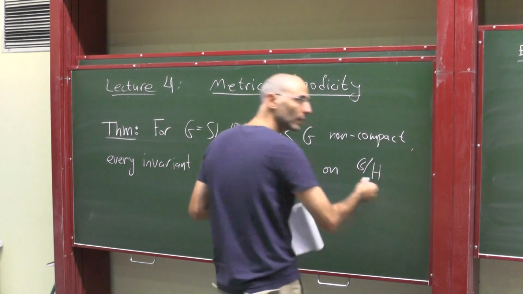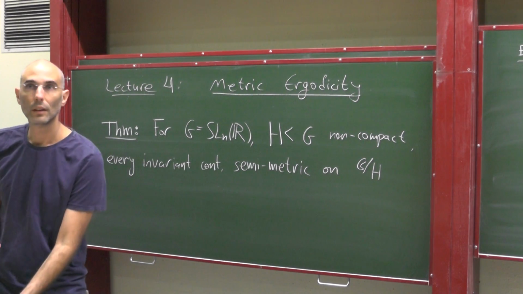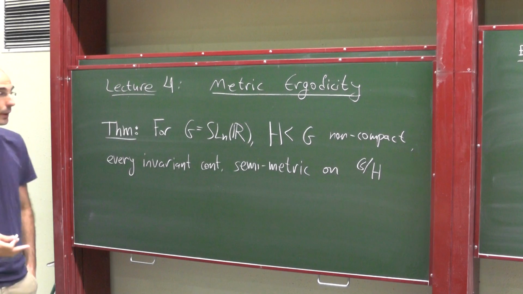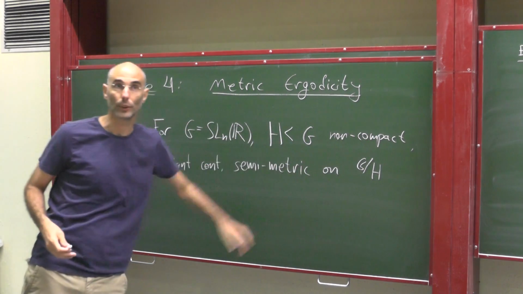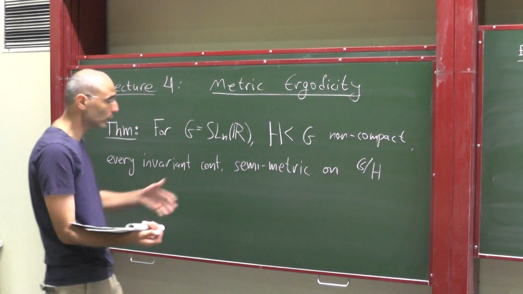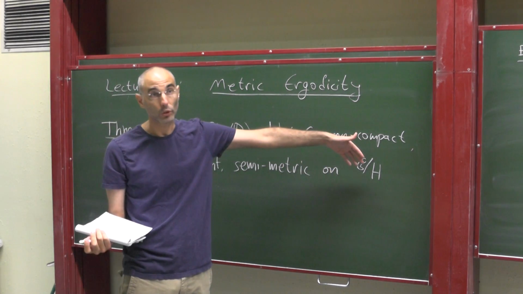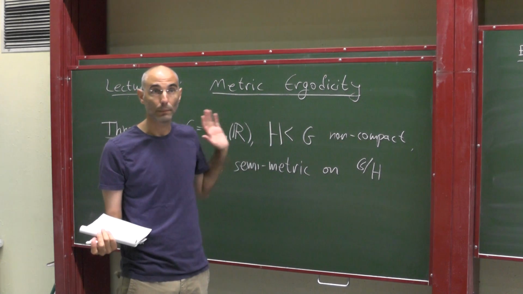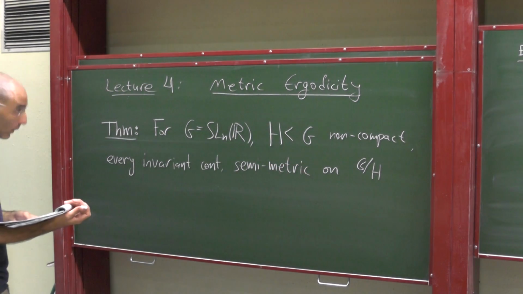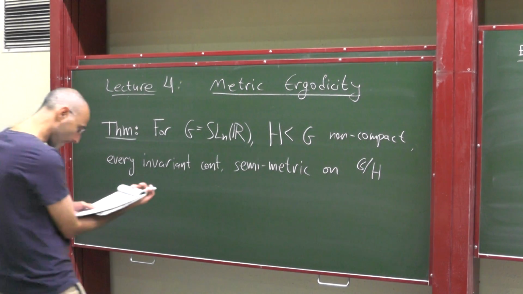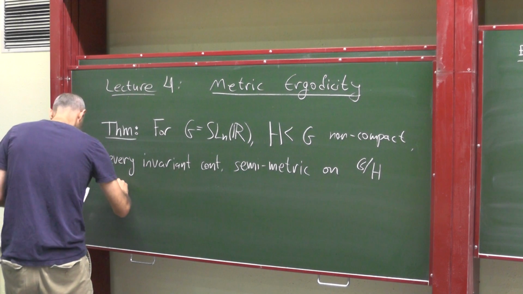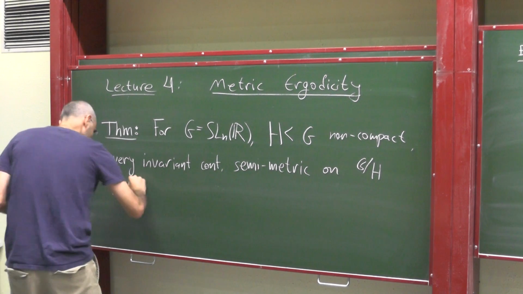Continuous means that the map D from G mod H times G mod H to the reals is continuous with respect to the natural topology on G mod H. And the natural topology on G mod H is the quotient topology, that topology that makes the map G to G mod H open.